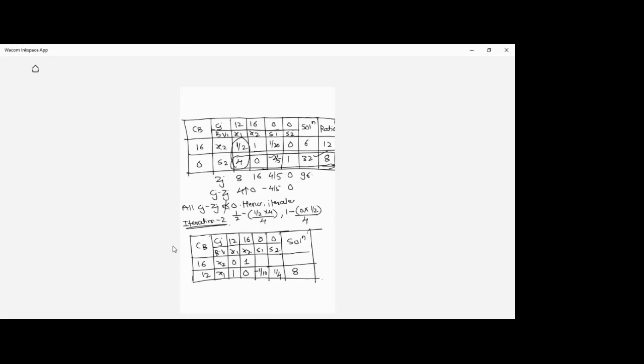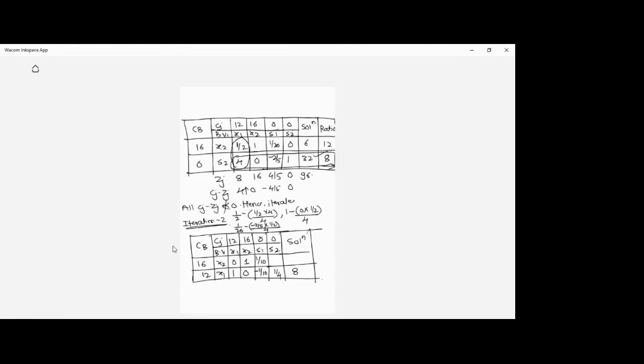Similarly, if we go ahead and find out, it will be 1 by 20 minus 2 by 5 into 1 by 2 divided by 4. If you do this entire operation, you'll get this value as 1 by 10.